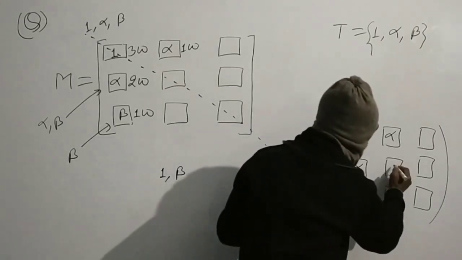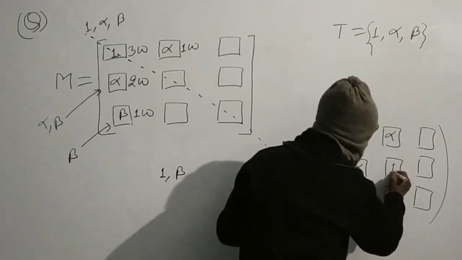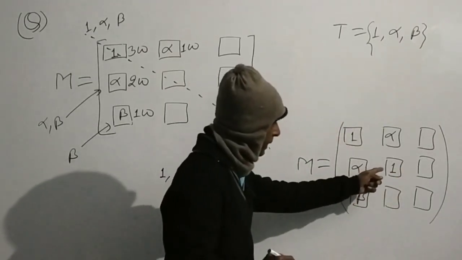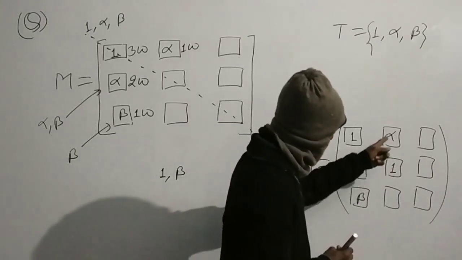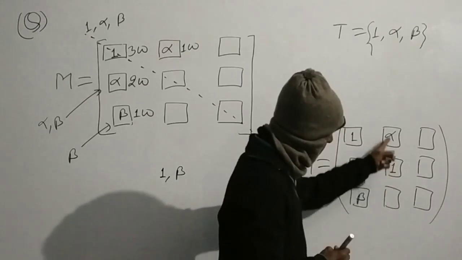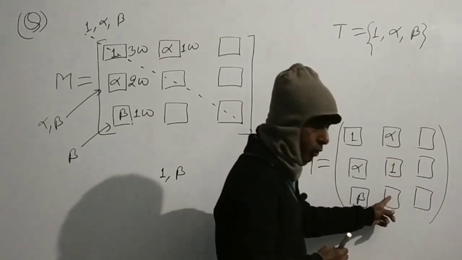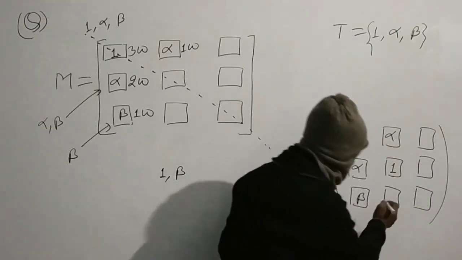If we fill this vacant place by 1, then to make the sum of this column equal to 0, we will have to write here beta.